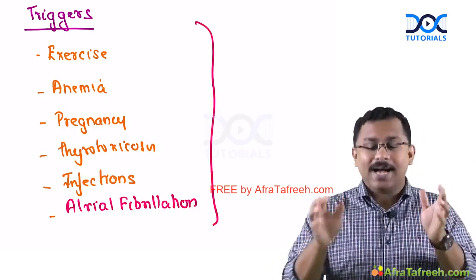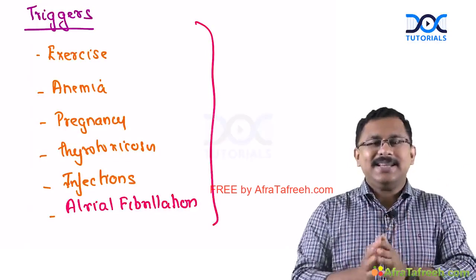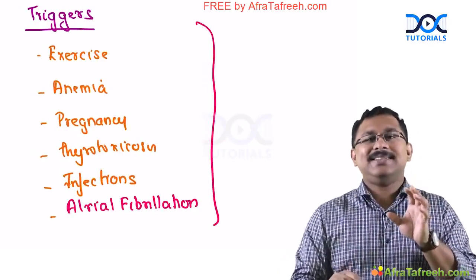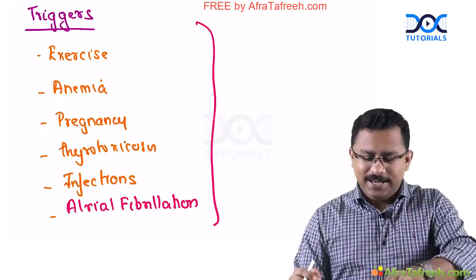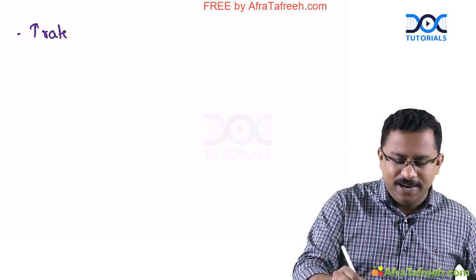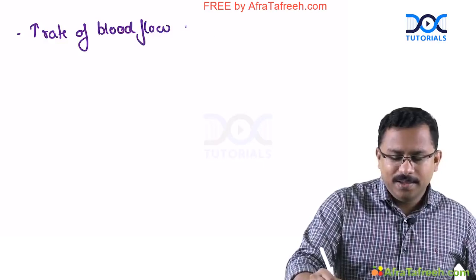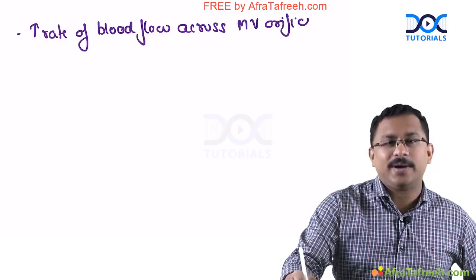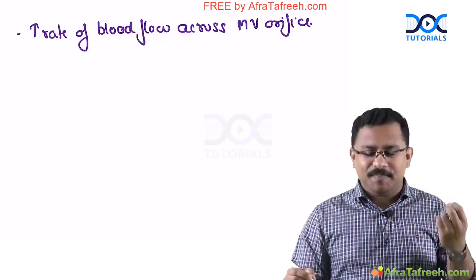Now the question is, how do they act as triggers? Well, these conditions can actually increase the rate of blood flow across the mitral valve orifice. Okay, and this will actually further elevate the left atrial pressure.